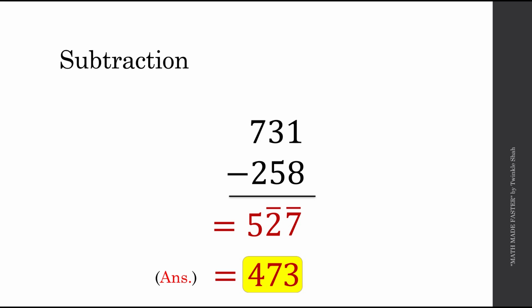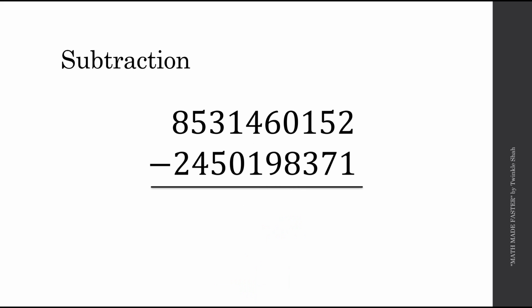Now I want to teach you how this technique could be very helpful when subtracting a bigger number from another bigger number. For example, we want to subtract this 10-digit number from another 10-digit number.